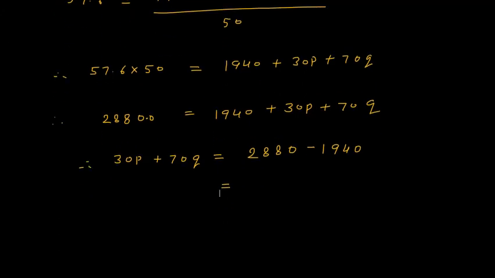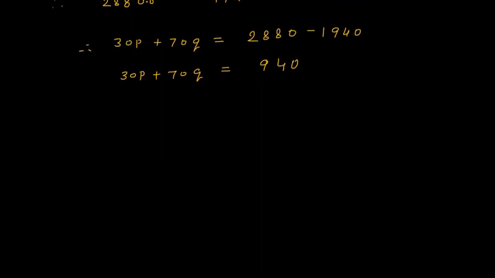Then we get 0 minus 0, 0; 8 minus 4, 4; 18 minus 9, 9; and 1. So 30P plus 70Q is 940.